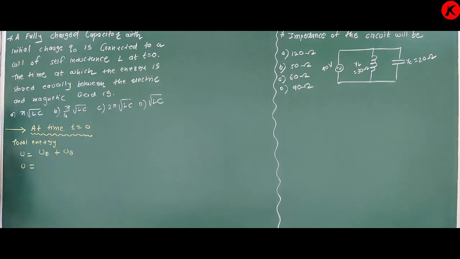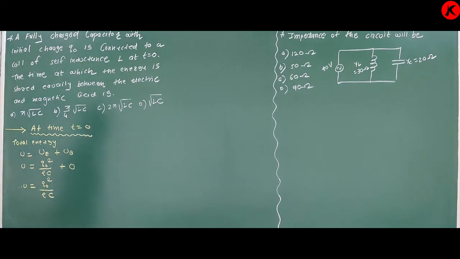As a fully charged capacitor has charge Q0, its energy is Q0 square upon 2C. And when a fully charged capacitor is connected to an inductor, initially the current flowing through the inductor is 0, so its energy is 0. So total energy is Q0 square upon 2C.